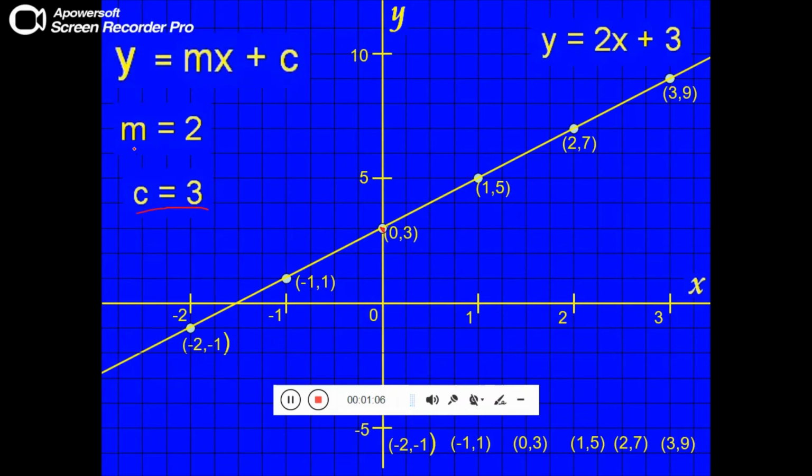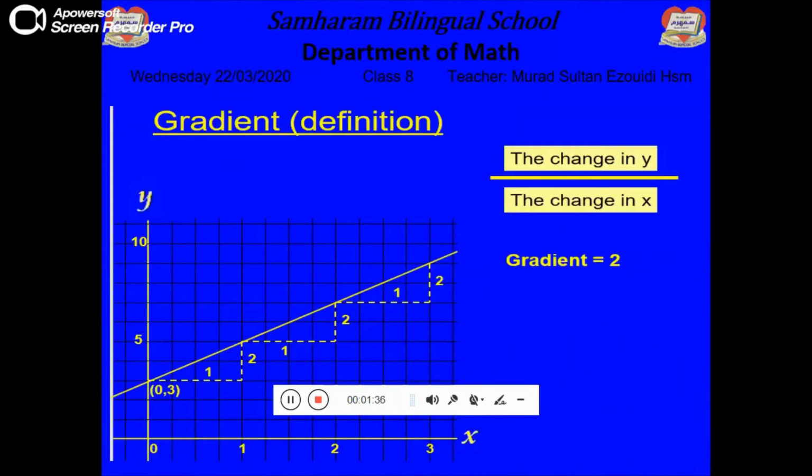And the gradient m equals 2, because if you construct a right angle triangle, this is 2 units and this is only 1 unit, so 2 divided by 1 is 2. And this is the y-intercept.